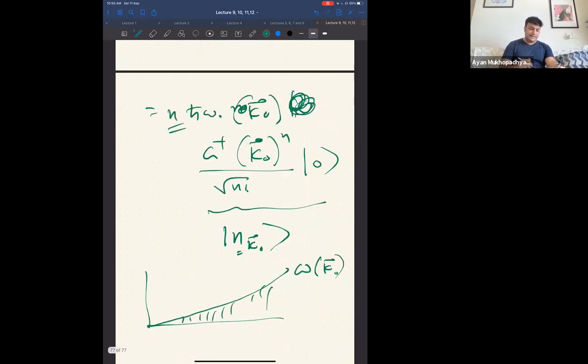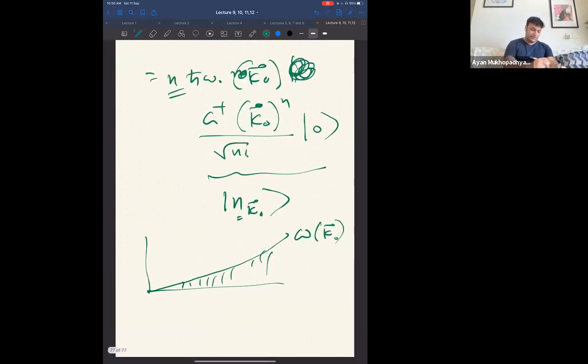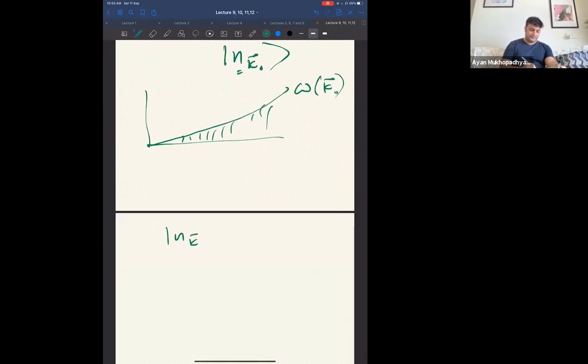So essentially we can interpret this n_k naught as a state with n particles with momentum k naught.